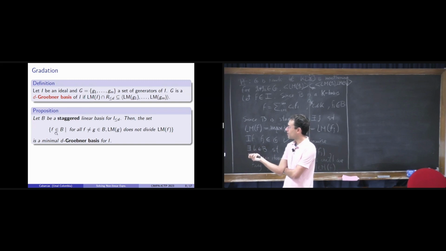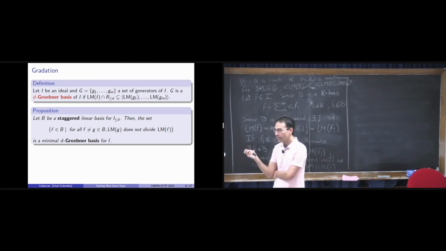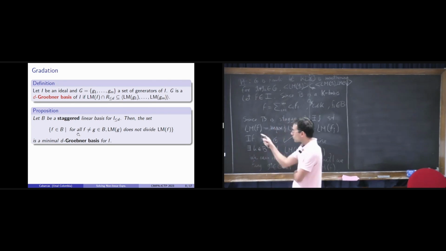In this way. The same thing, we pick elements so that they don't divide each other's leading monomials. And the good thing here is that, in fact, this is a finite dimensional vector space. It's not infinite. And then it should have a finite basis. And from a finite basis, we can hope to find this D Groebner basis. I'm not going to do the proof because the proof is very similar to what we did in the general case.